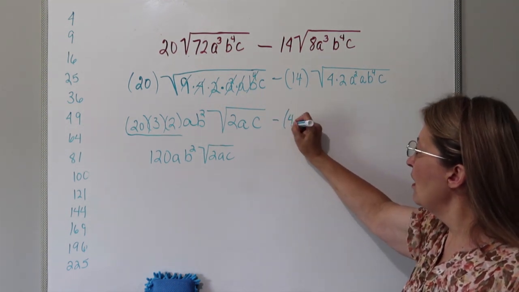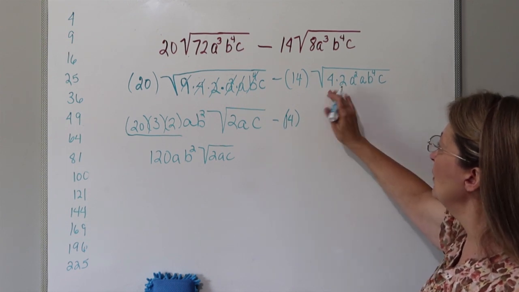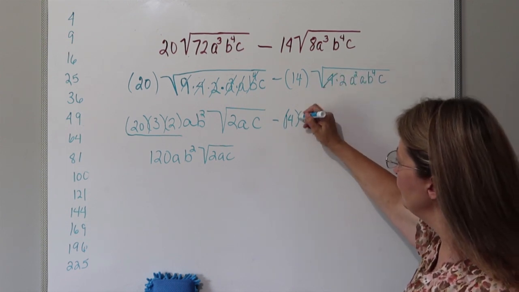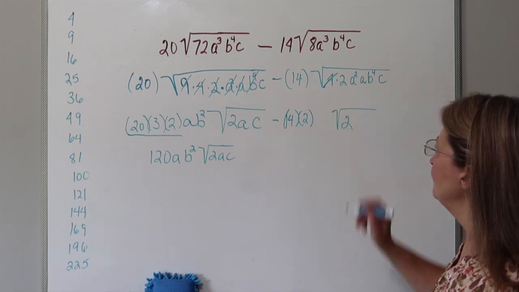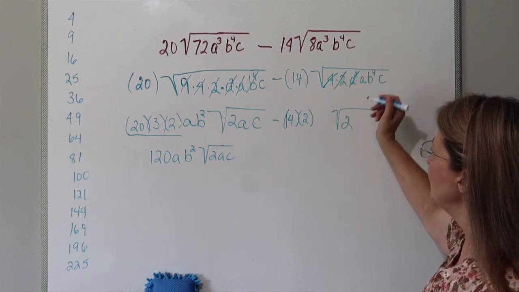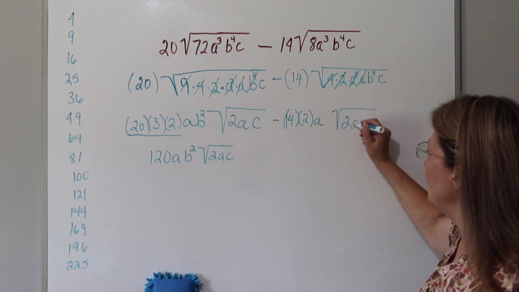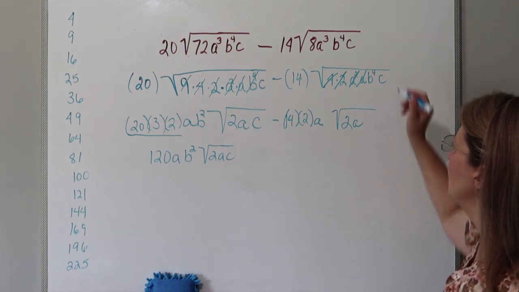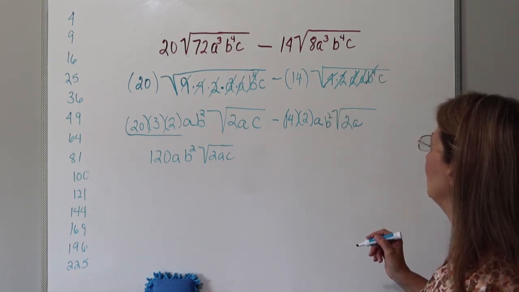Now let's see what all we can pull out of here. That's a 14. The square root of 4 is 2. 2 is going to have to stay under the radical. The square root of a squared is a. The a will have to stay under the radical. The square root of b to the fourth is b squared.